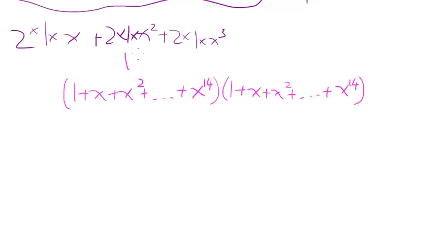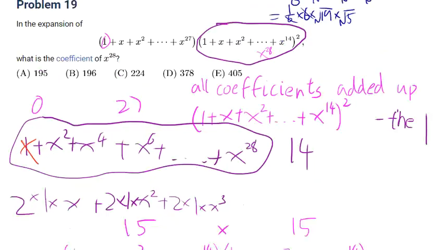Now there are 15 choices over here and 15 choices over here. So that means the total number of everything, since we're not going to combine any of this stuff and we'll leave the coefficients as 1, would be 15 times 15, which is 225 possibilities.